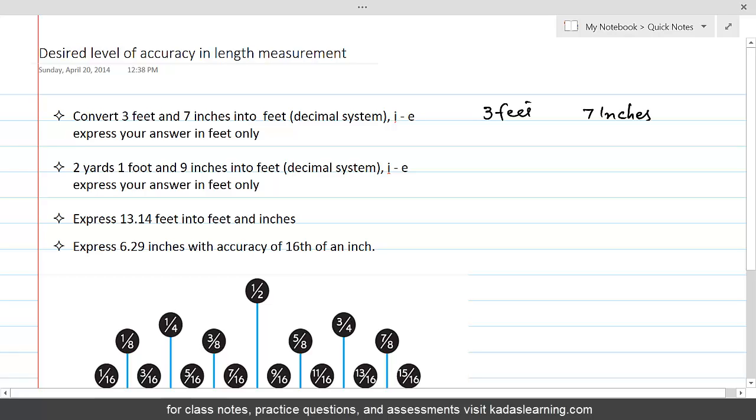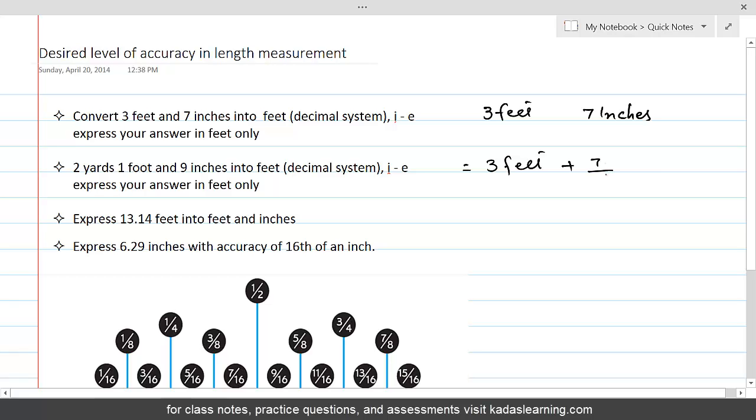If we want to convert it into feet, we won't touch the first part of the quantity because that's what ultimately we need. So we'll write down 3 feet again, plus converting 7 inches into feet.